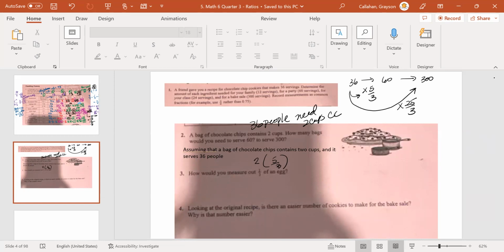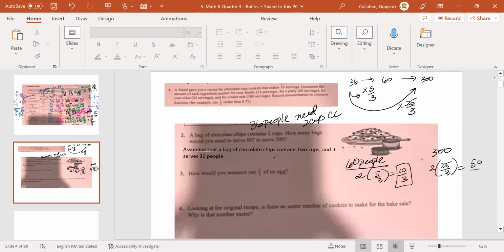So if you're serving 60 people, then that means 2 cups times 5 over 3, which is 10 over 3 cups, okay? And if you're going to serve 300 people, you'll do 2 times 25 over 3, which is 50 over 3 cups, okay?